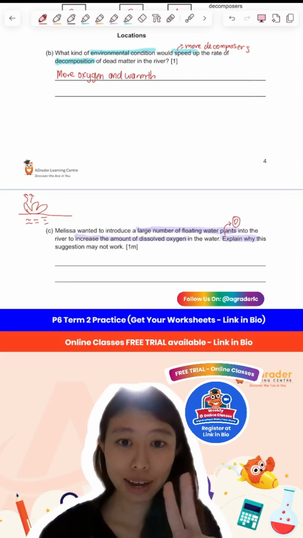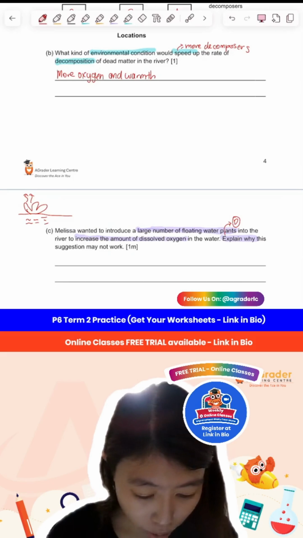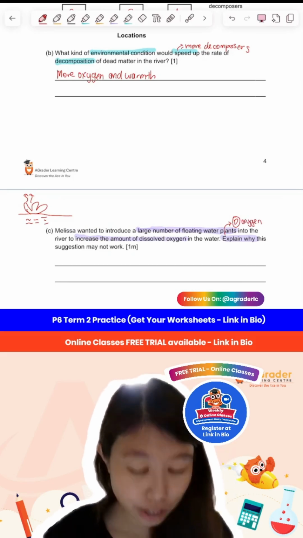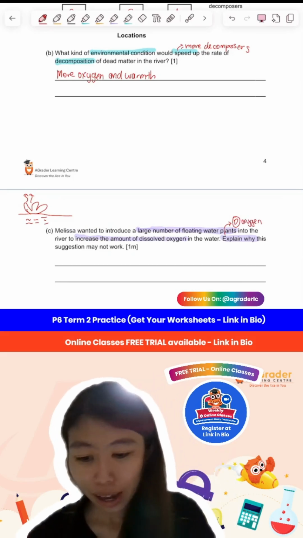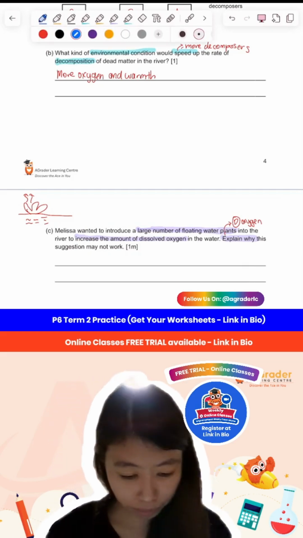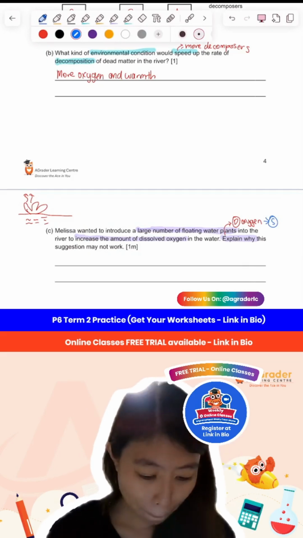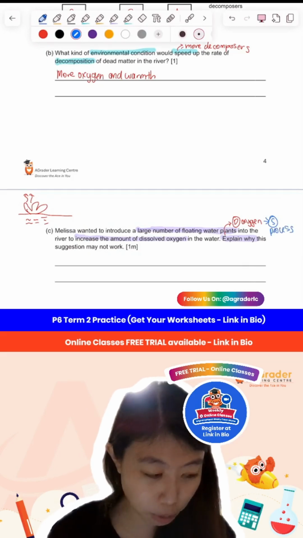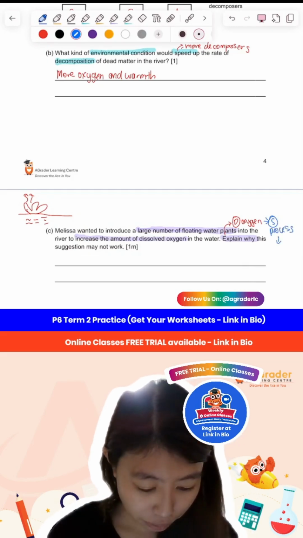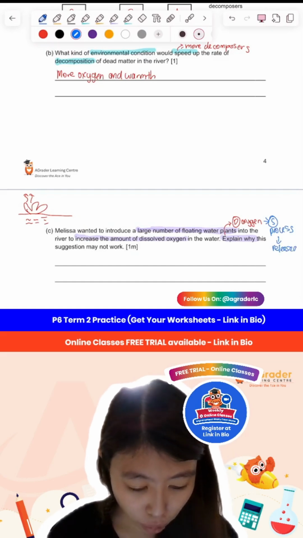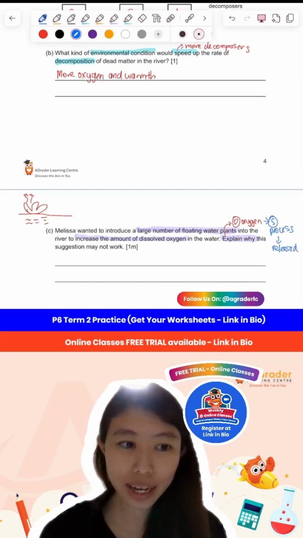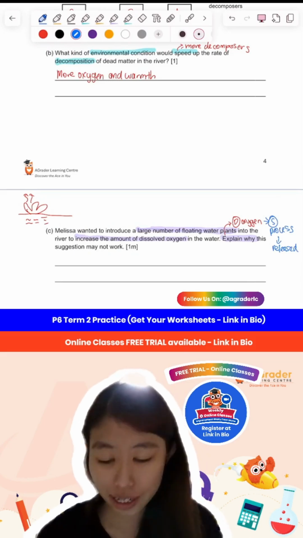D, describe how oxygen is released by floating plants, and the second step, science concept, which is the process on how oxygen is being released, and where it would be released to.